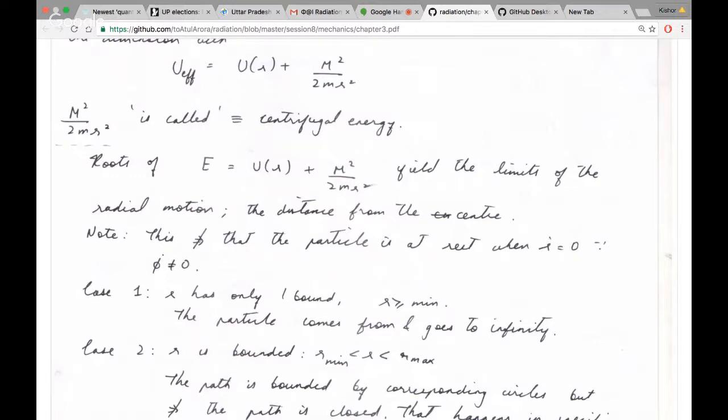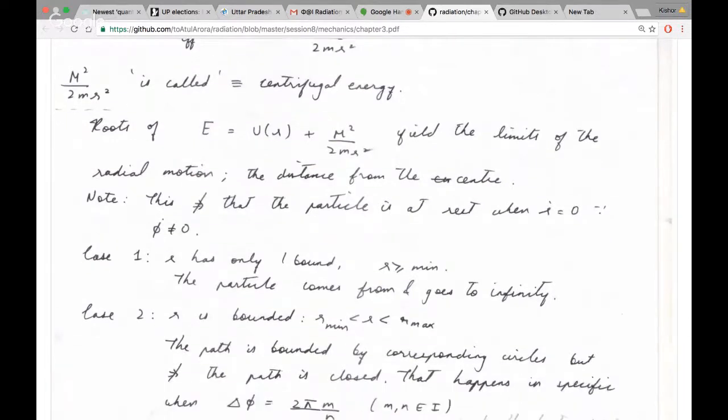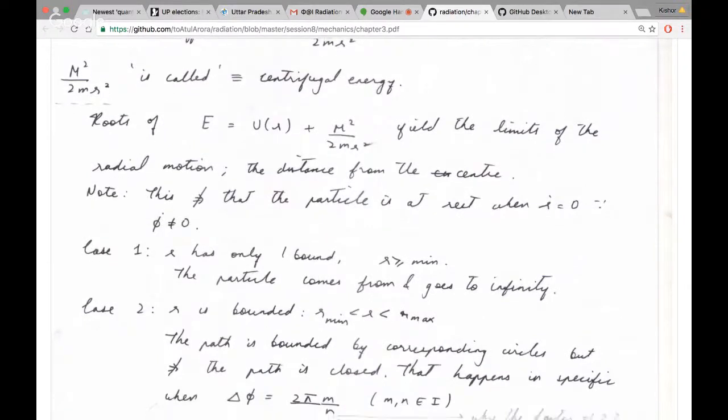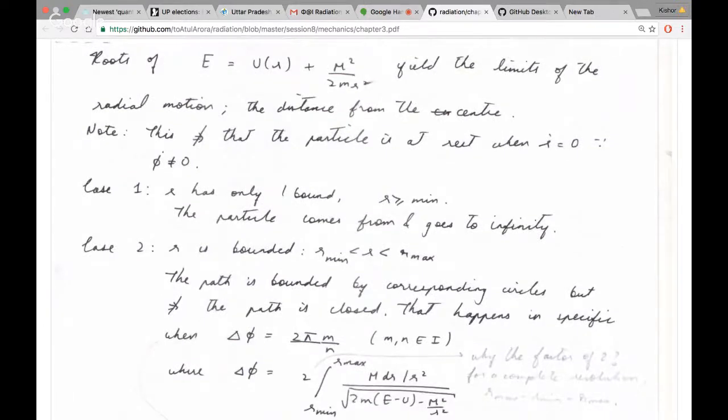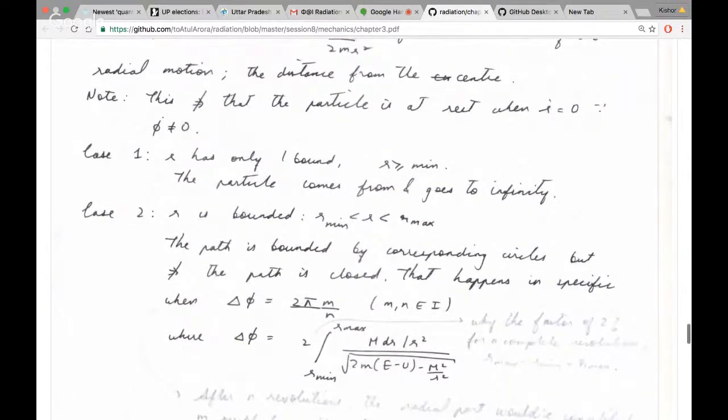Case 2: r is bounded, so r is between r minimum and r maximum. So the path is bounded by corresponding circles. But the change in phi is given by delta phi equal to 2 times the integral from r minimum to r maximum, which does not imply that the path is closed.